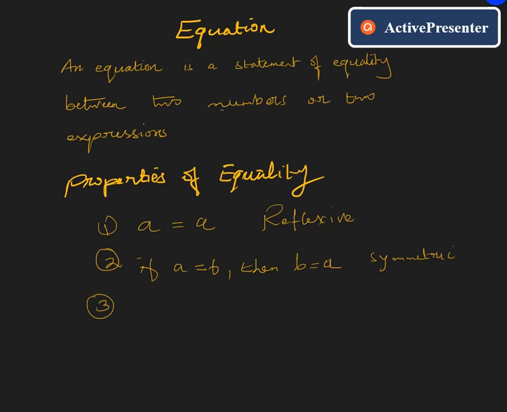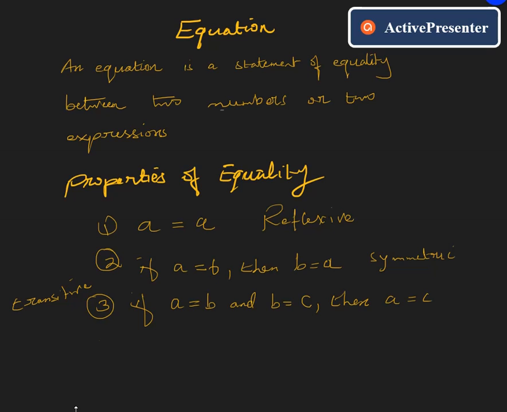The third property is that if A equals B and B equals C, then A equals C. C can be written here. So this is called the transitive property of equality.